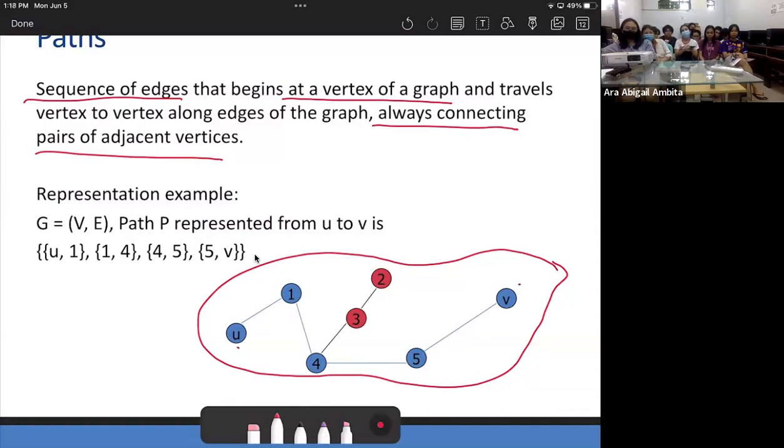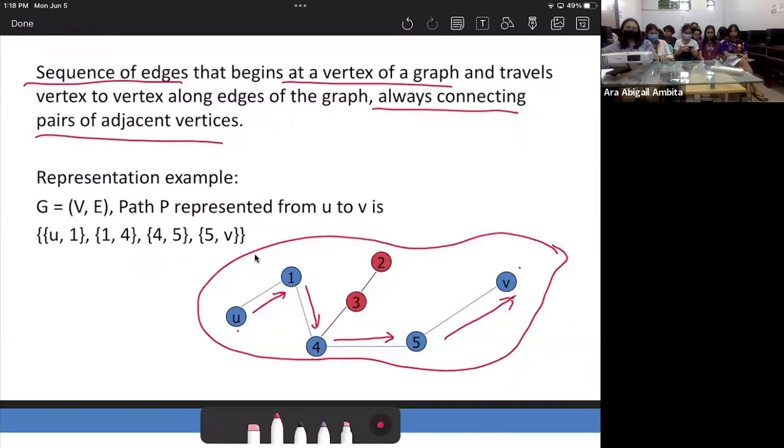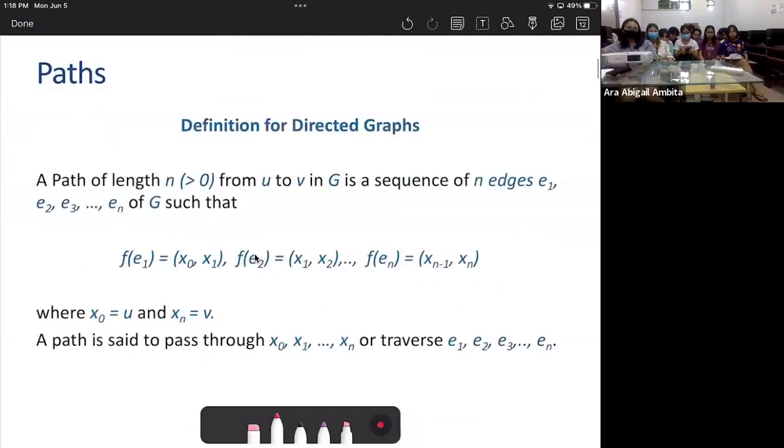It travels vertex to vertex along edges. So there is a path from U to 1, then 1 to 4, then 4 to 5, and then 5 to V. Yeah, so that is an example of a path. Itong 2 and 3 na nasa red, vertices sila ng graph but hindi sila nadaanan sa path. Okay, so ano naman yung path for the directed graphs?